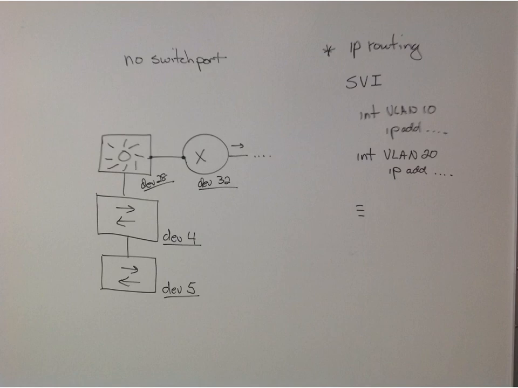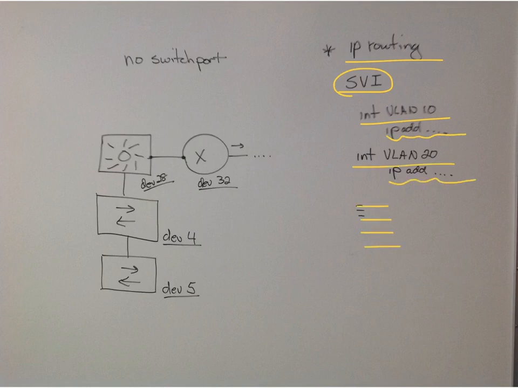So we did a couple examples. We talked about inside the multi-layer switch, you turn on IP routing, and then you set the switch virtual interfaces. You can go interface VLAN 10, give it an address. 20, give it an address. And you can just keep continuing that for however many VLANs you have.